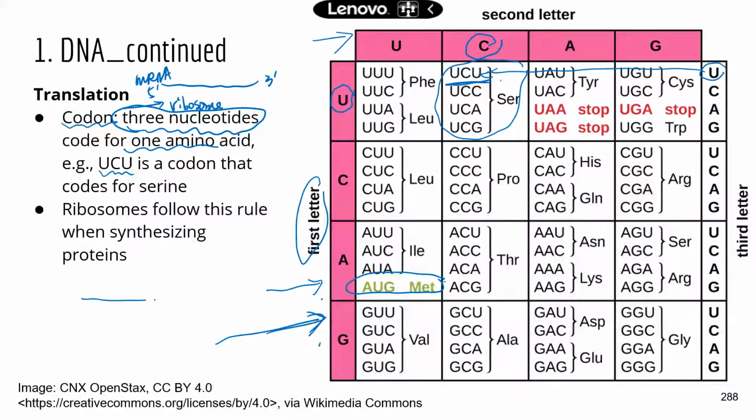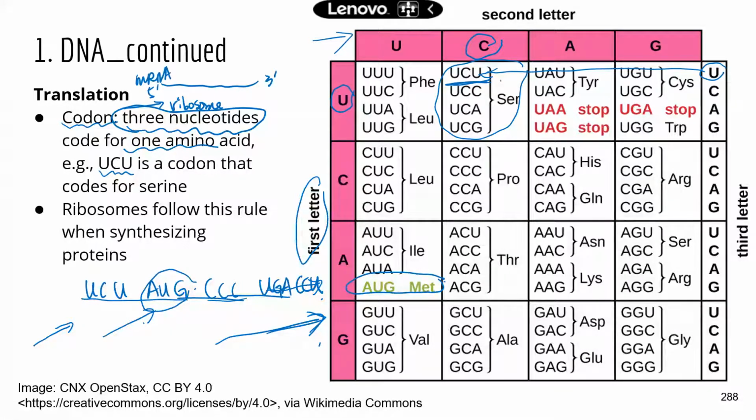If you see an mRNA sequence here, maybe you have UCU, AUG, CCC, right? And then you have UGA, CCU. The ribosome is going to scan through this sequence, and it only starts translation when it gets to the start codon, which is AUG, right?